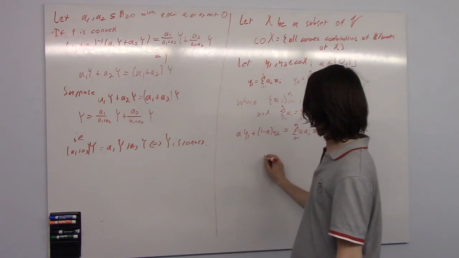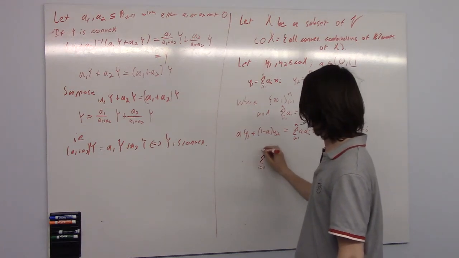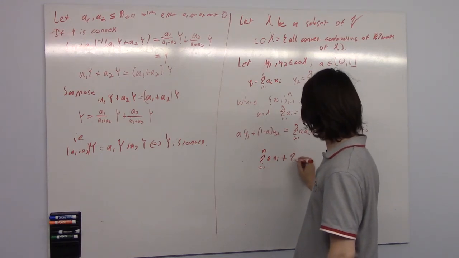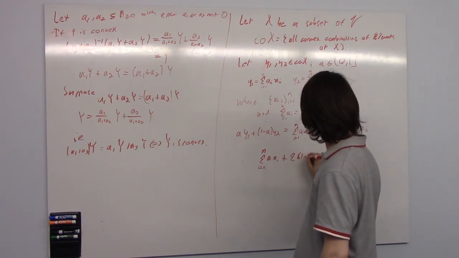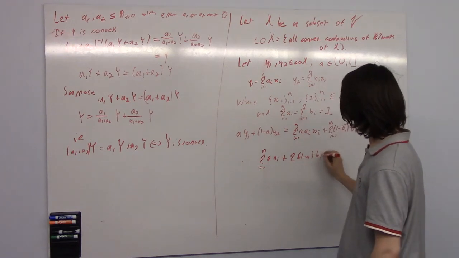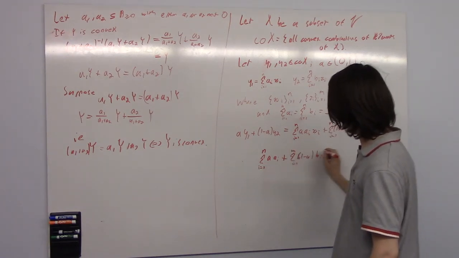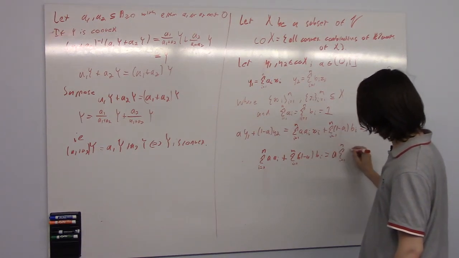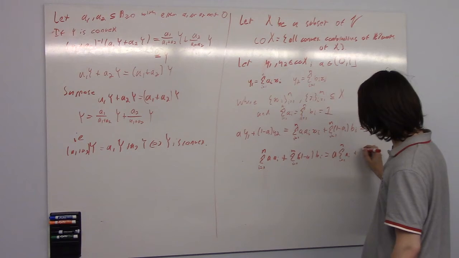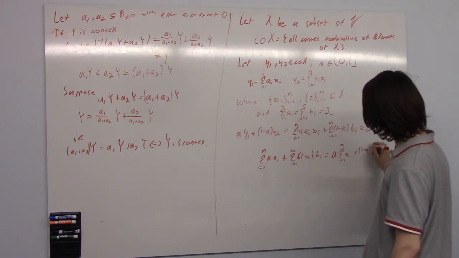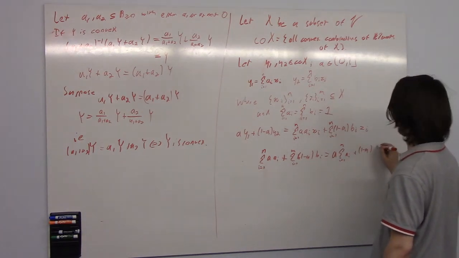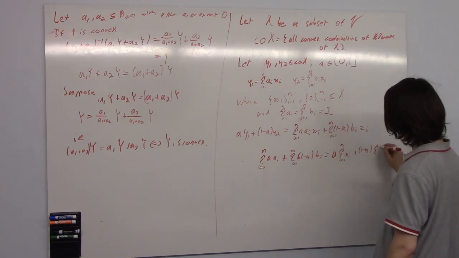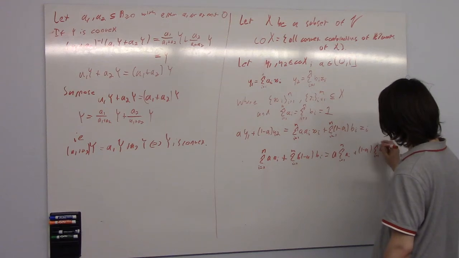Where the sum from i equals 1 to n of a ai plus the sum from i equals 1 to m of (1 minus a) bi equals a times the sum of the ai's plus (1 minus a) times the sum of the bi's.